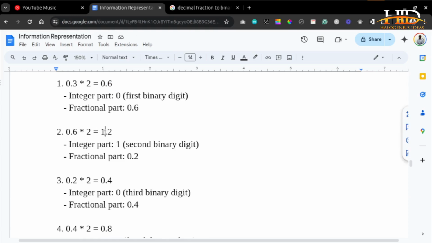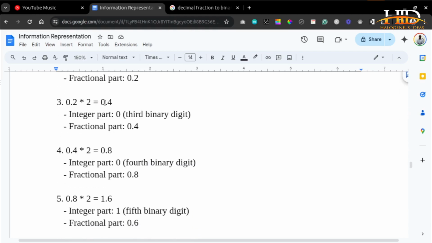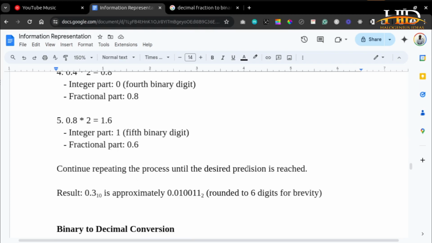I have the fractional part and the whole number part. The computation continues like that until you get to your desired precision. This one was rounded over to 6 digits just for brevity.